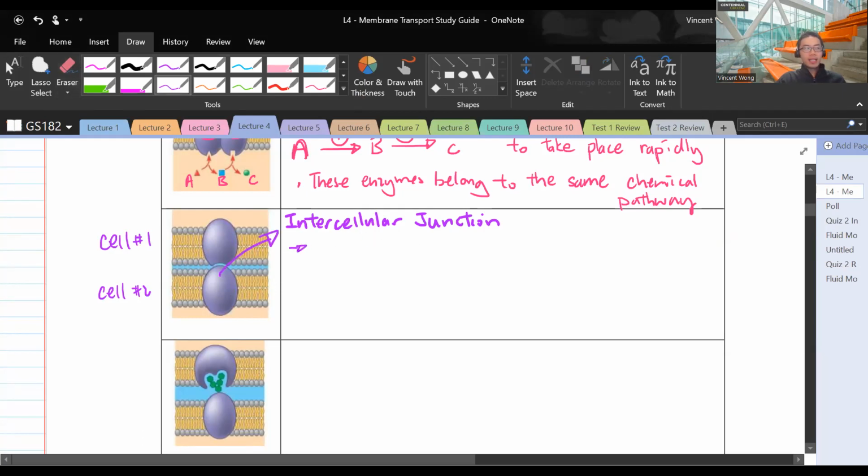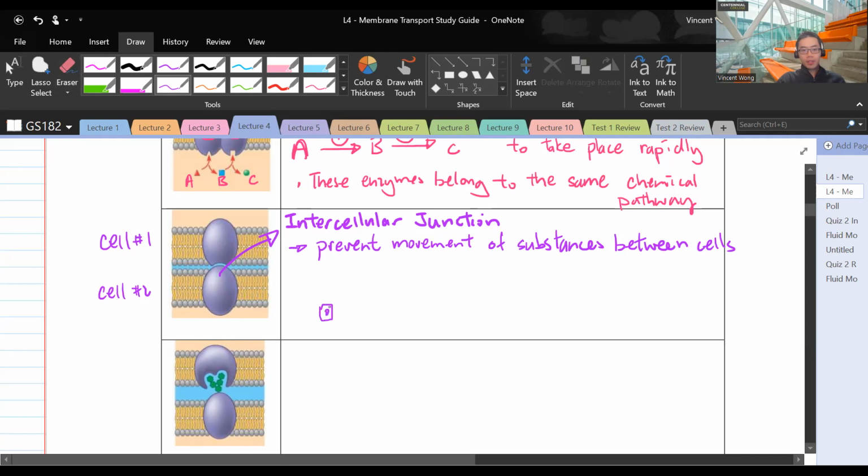The purpose of having an intercellular junction is to prevent movement of substances between cells, right? Something like this would be particularly useful if you think about the intestine.